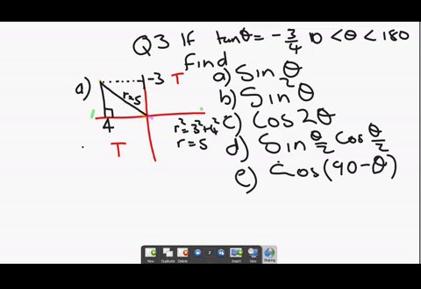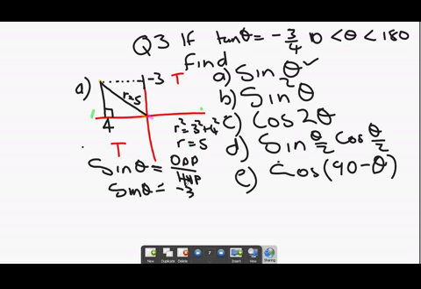So I want to find sine. Sine theta is opposite over hypotenuse. I'm going to show the full working. Do you see I've written my sine theta there? This is what they want. So sine theta is equal to opposite over hypotenuse. So if they want sine theta, opposite is -3 over hypotenuse is now 5, and I'm done.